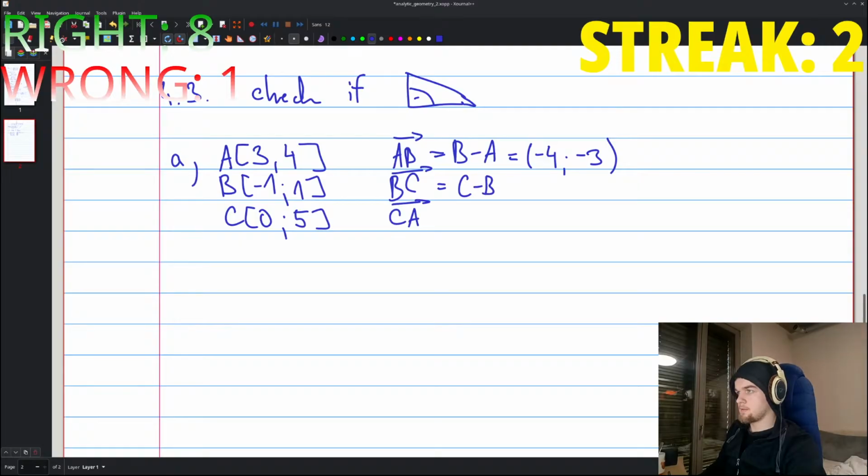This is C minus B, which is 0, that's 1, and you have to be careful here, bro. This is 4, and this is A minus C, so that's 3 minus 0, that's 3, 4 minus 4, -1.